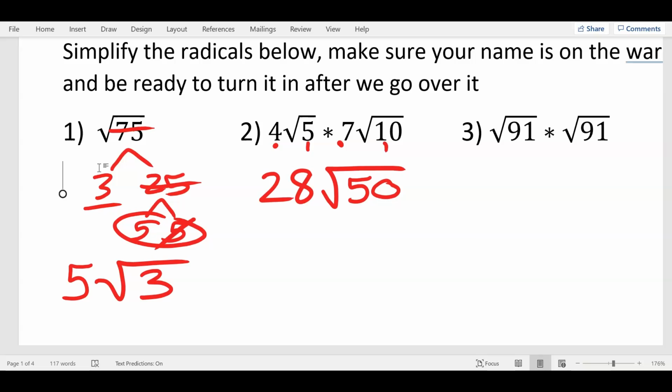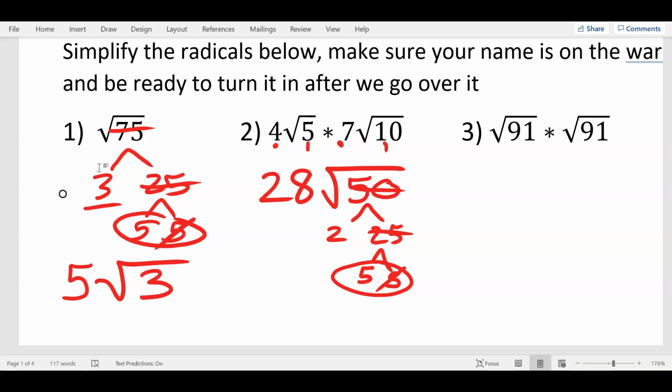Let's try 50. It's even, so 2 times what? 25. And then we did this on the first one. We know 25 is 5 times 5. Do I have a pair there? Yeah, so since I have a pair, I got to break this down. So 50 and 25 broke down. And remember, if there's a number already out here, circle it.